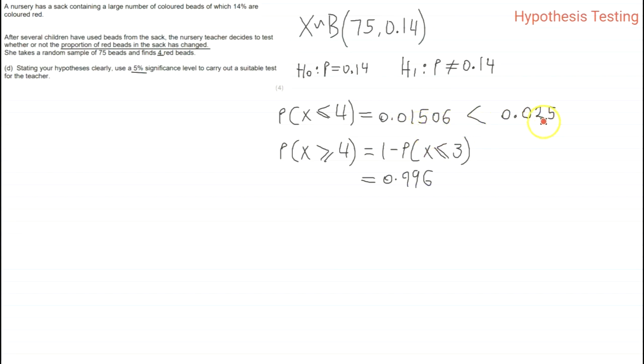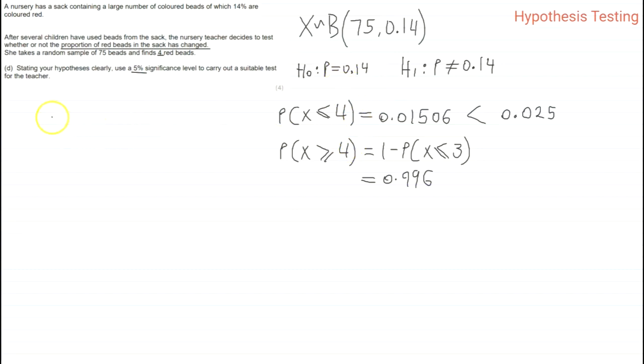So if it's less than 0.025, we reject, and if it's not, obviously you would keep H0. But in our example, our number is less than our significance level. It's 0.015, and we'd be rejecting H0 like we would do before. So I'll write it here.